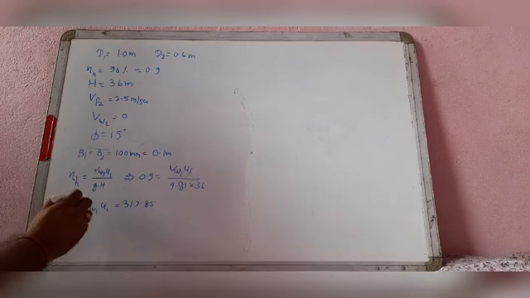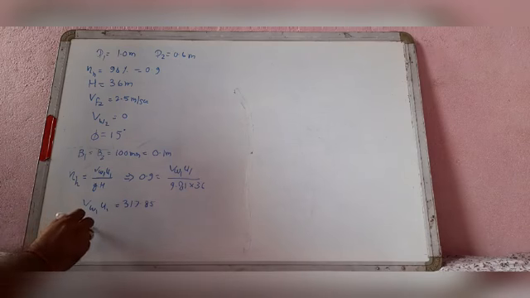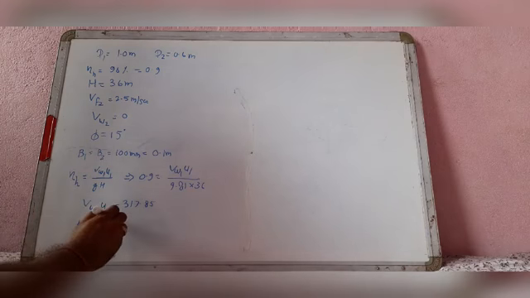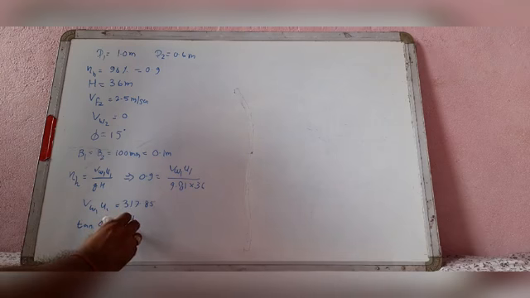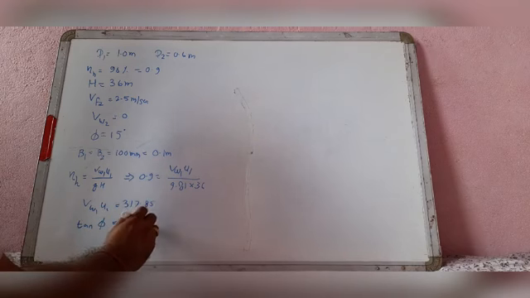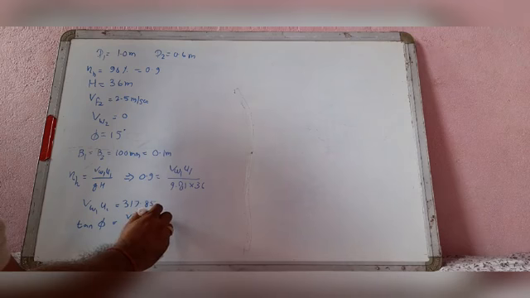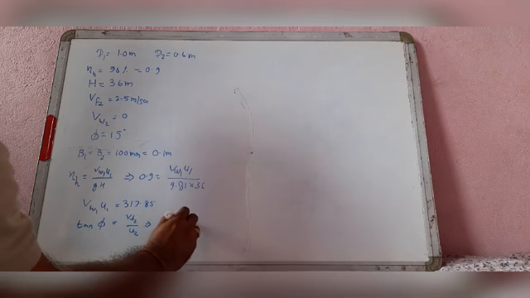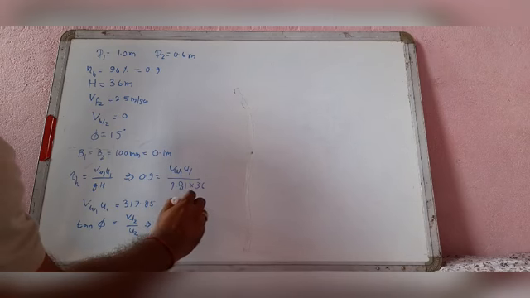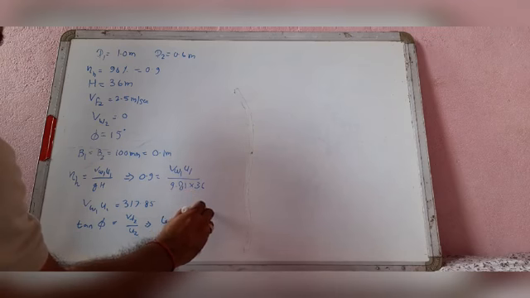Now from the outlet rectangle, tan phi equal to Vf2 by U2, that is tan 15 equal to Vf2 is given 2.5 by U2.